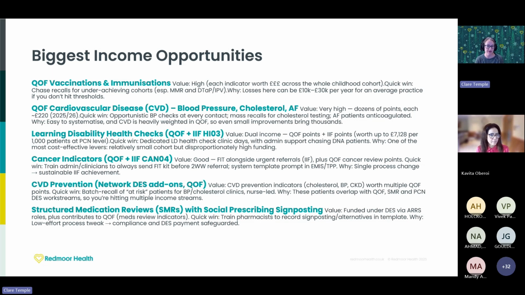And there's many areas that will touch on QOF that also touch on other things in the GP contract, in IIF, and network DES. So just to get you to think about what you can do in your QOF that will impact something else as well. So if you work smarter, you can get those ticked off for both contracts.